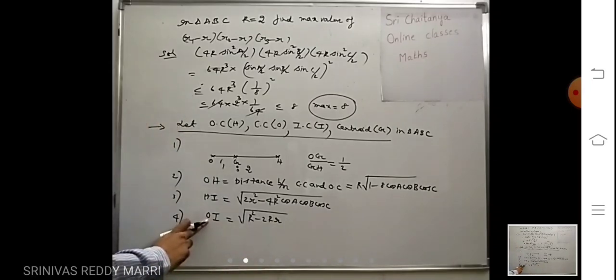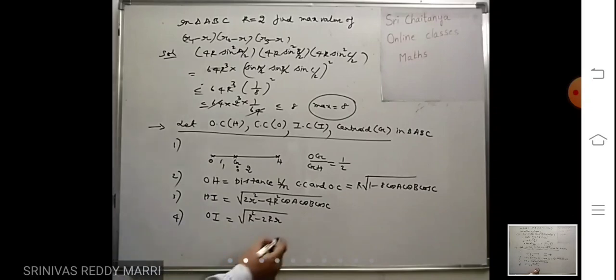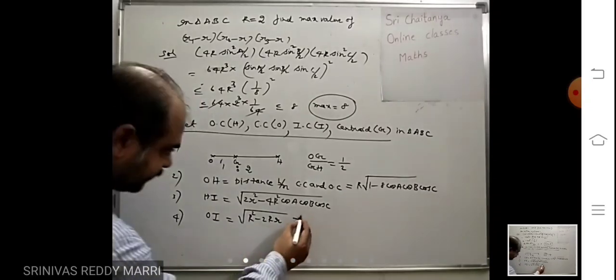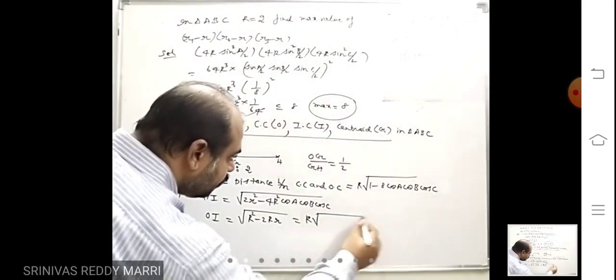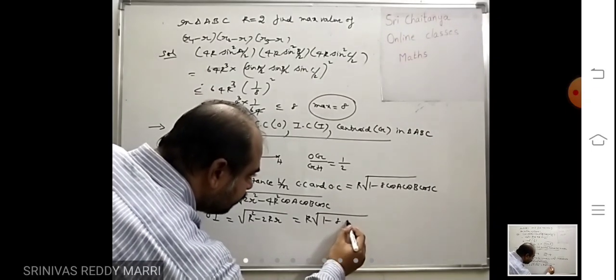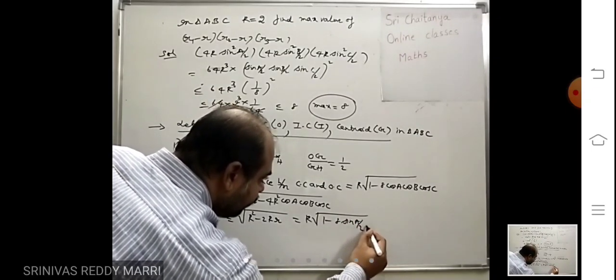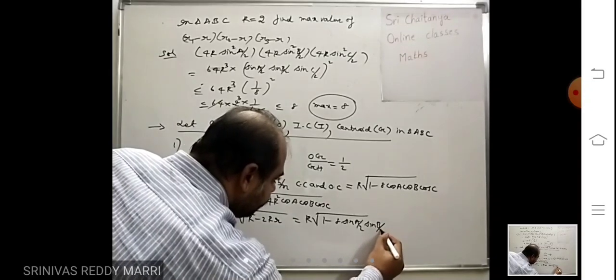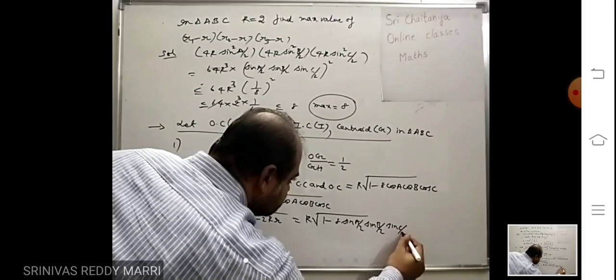Look at it. OI means the distance between circumcenter and incenter. Another formula is there: R into root of 1 minus 8 sin A by 2 sin B by 2 sin C by 2.